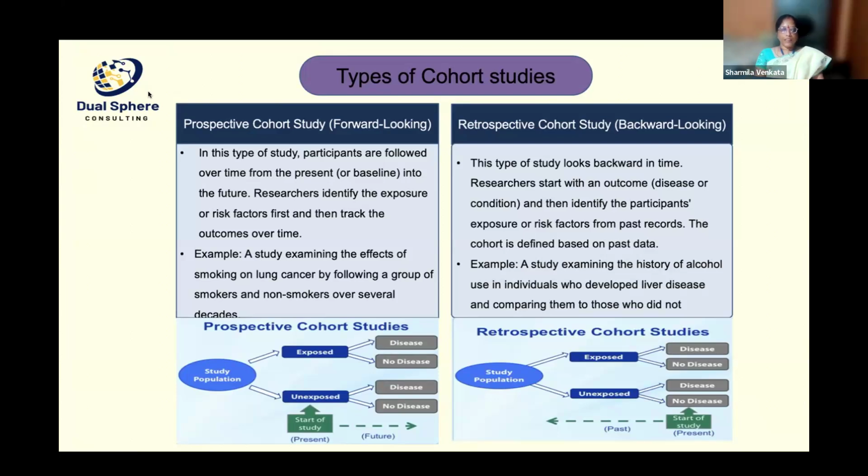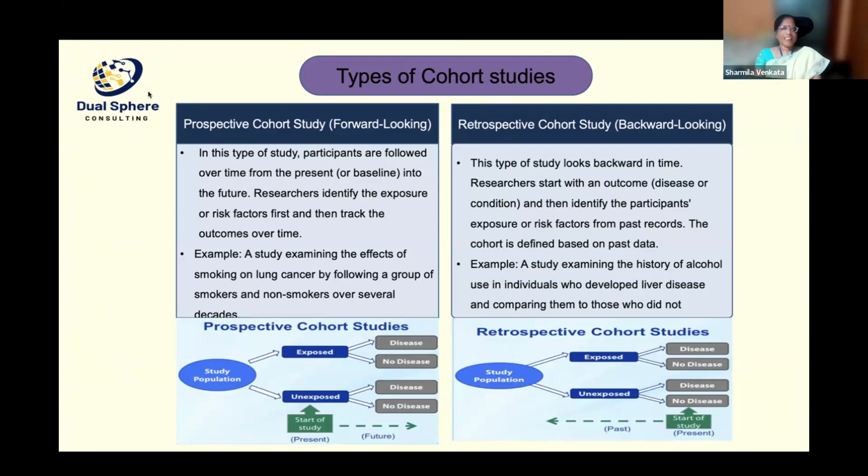For example, following smokers versus non-smokers for 20 years. Retrospective cohort is backward looking. We start today but use historical records to reconstruct exposures and outcomes. For example, using hospital archives to see whether past alcohol use was linked to later liver disease.